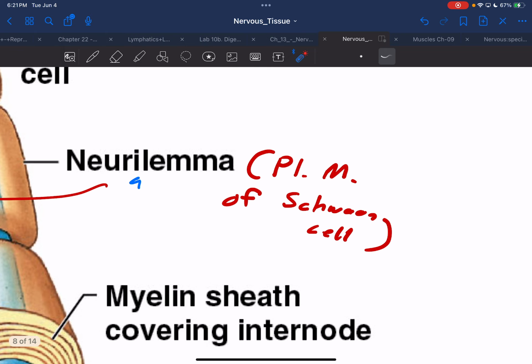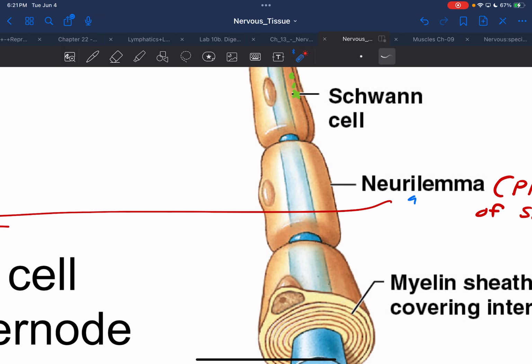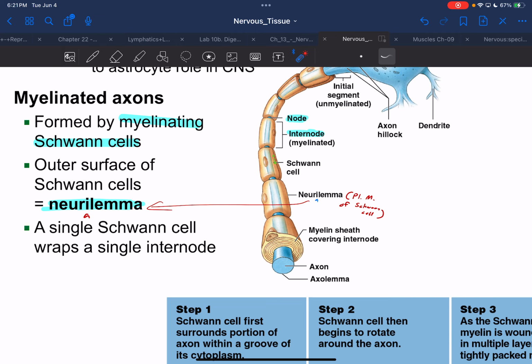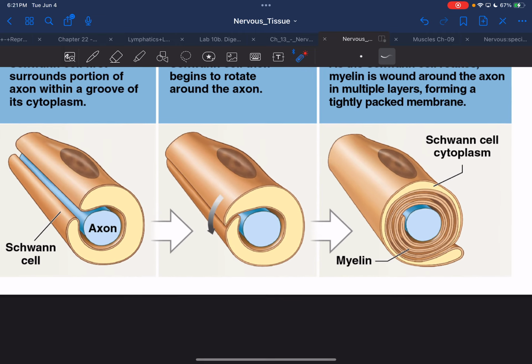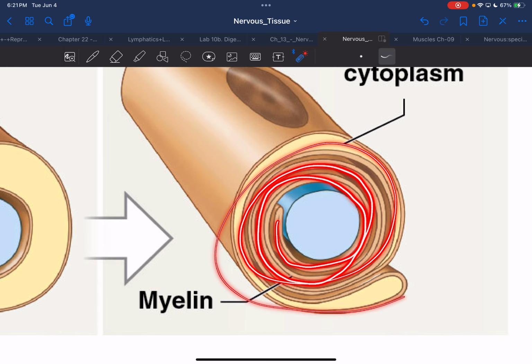And so that is the plasma membrane of the Schwann cell. You have to make that distinction, because if I said, the plasma membrane at the axon, you don't know if I'm talking about the plasma membrane of the axon or the plasma membrane of the neurolemmocyte of the Schwann cell. So that's why we have to create those words. And this is an example of how it forms that sheath. Many layers wrapping around it to make that sheath.